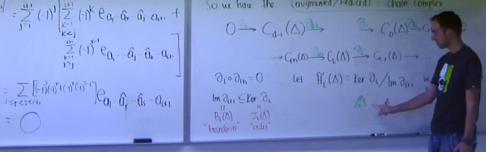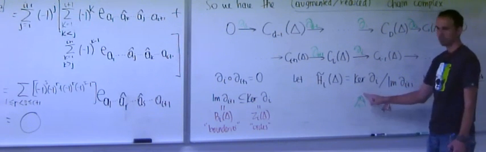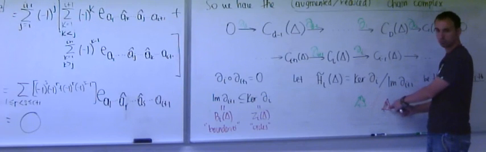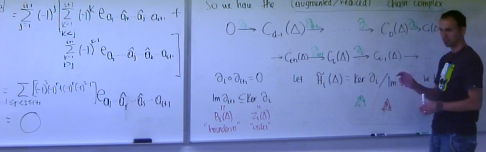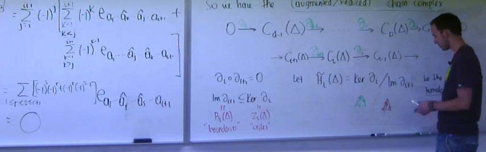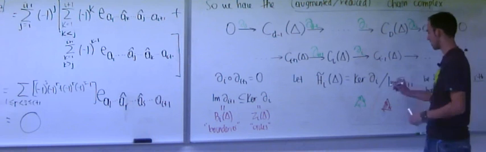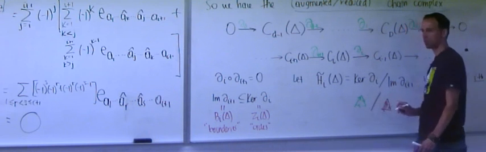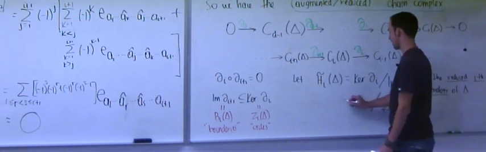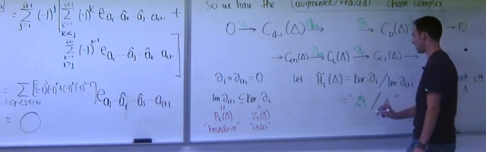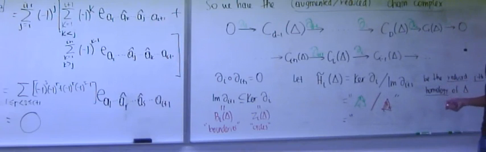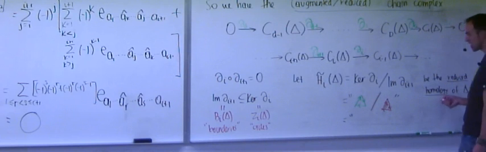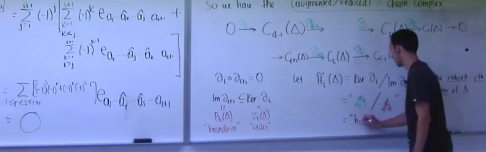What's a hole? A hole is something that you can go around but that is not full. So this is the intuition for why this is basically holes. So it's just like this mod this, and again, let me put quotation marks because this is intuition. It's not exactly that; you have to do some work to make this precise, but this is the intuition that you should be thinking of.